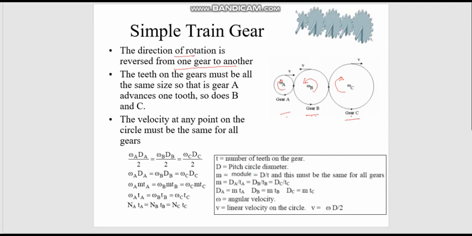And the teeth of the gears must all be the same size, so that as gear A advances one tooth, so do gear B and gear C. So for example, if we have a two-gear system that mesh together, the bigger gear will have a certain number of teeth.